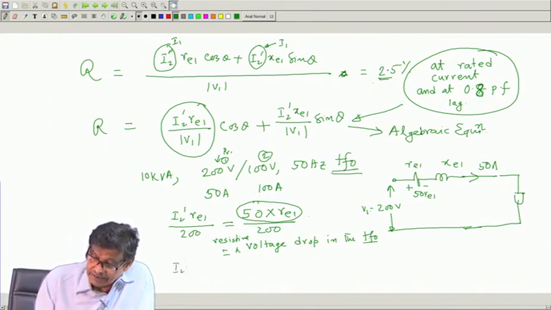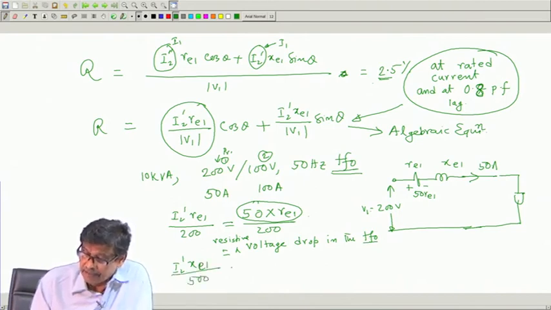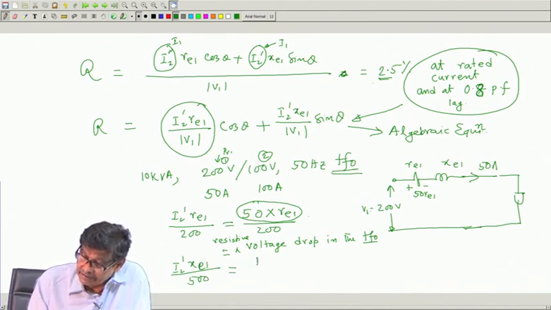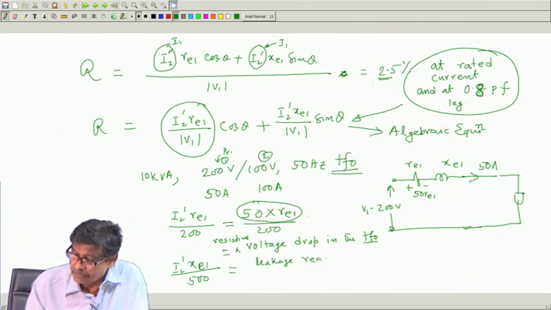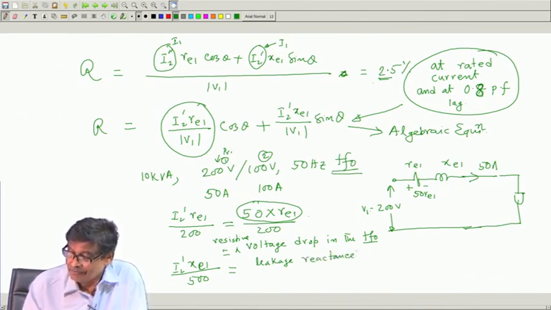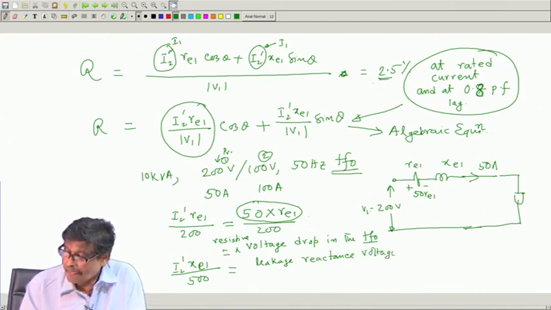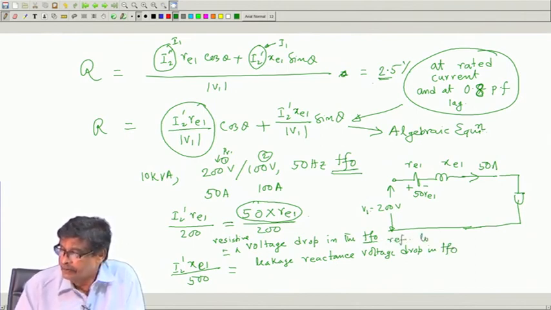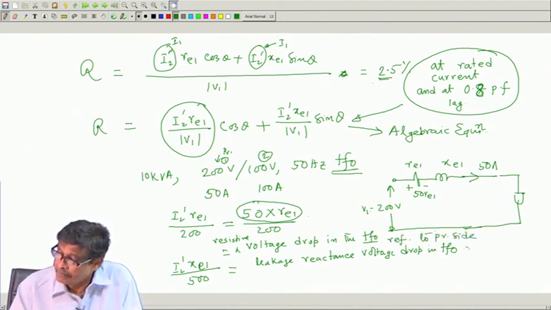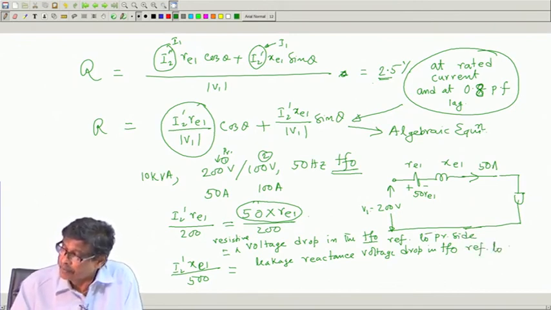Similarly, I2' Xe1 by 200 is the leakage reactance voltage drop in the transformer, referred to the primary side.